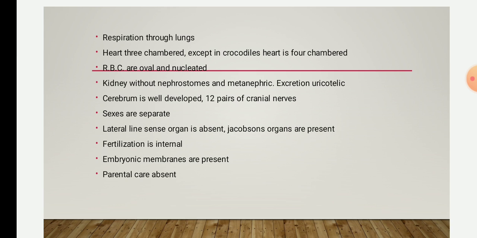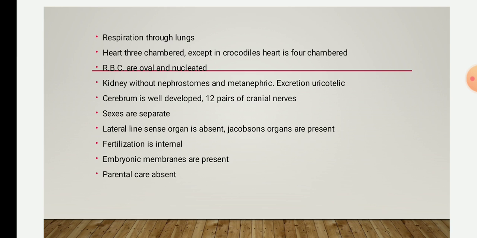Okay, the next point, it will have right and left aortic arches which are complete and functional. The red blood corpuscles, that is RBCs, are oval and nucleated in the reptiles. Okay, the next point is kidney.